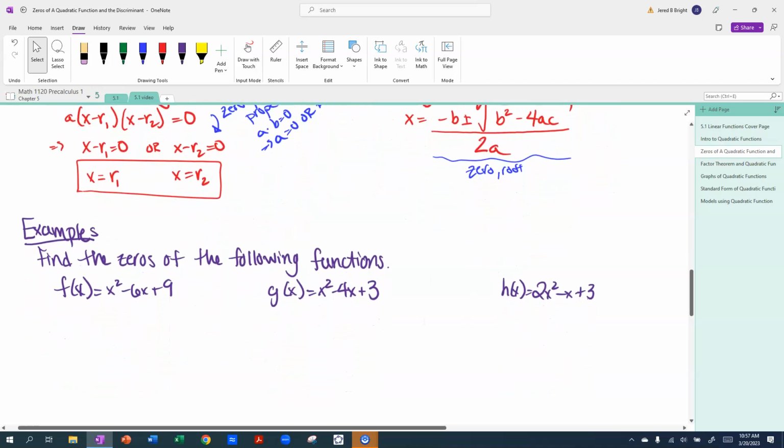Let's find the zeros of each of these functions. I have f, g, and h. I'm going to try factoring first. This first one I recognize as a factor pattern of x minus 3 times x minus 3.